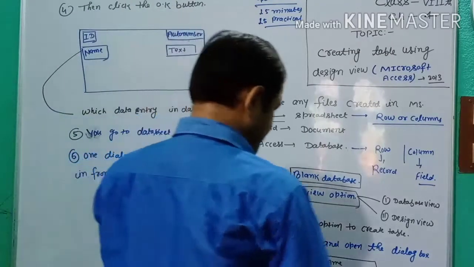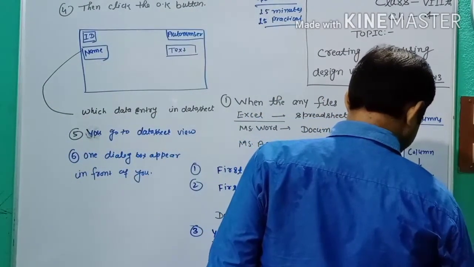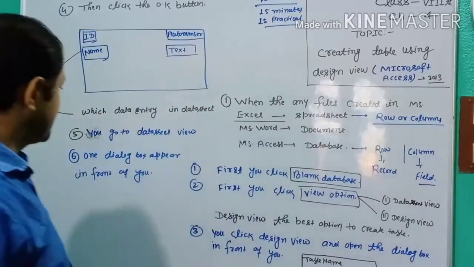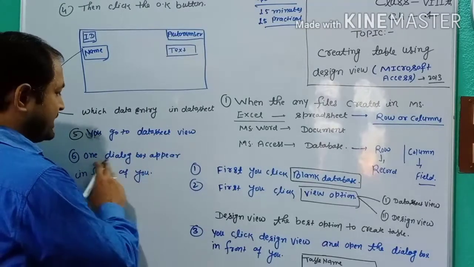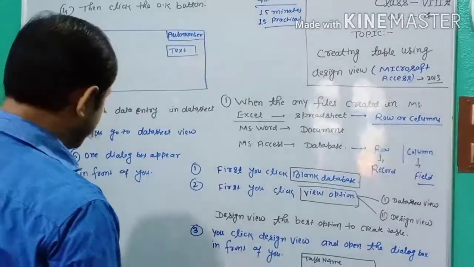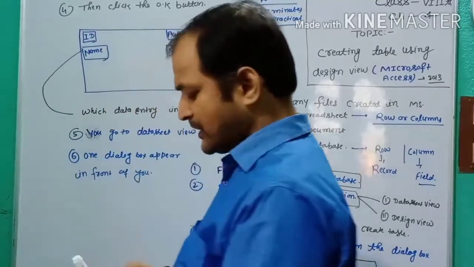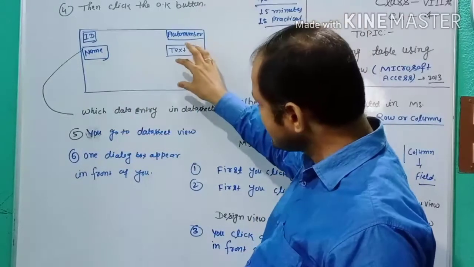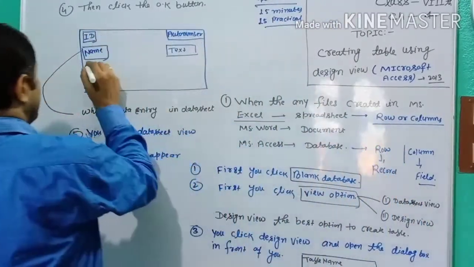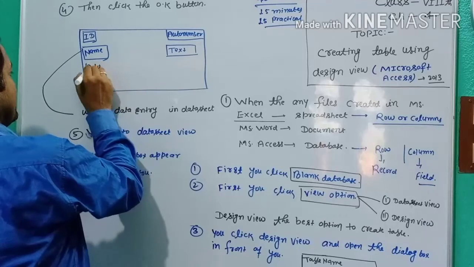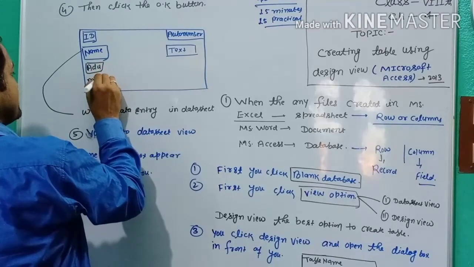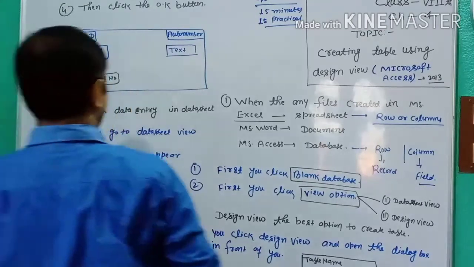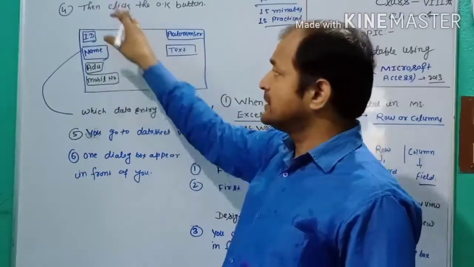My dear students, this is not the database, this is the data sheet view. So you go to the data sheet view and one dialog box appears in front of you. In one sentence, all such types of data, suppose name, address, mobile number, you enter in this area, and then first of all you save.